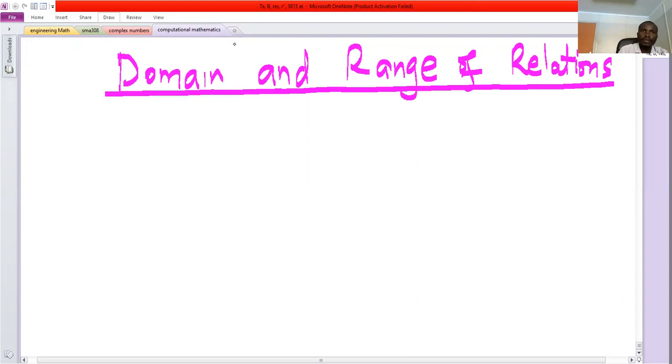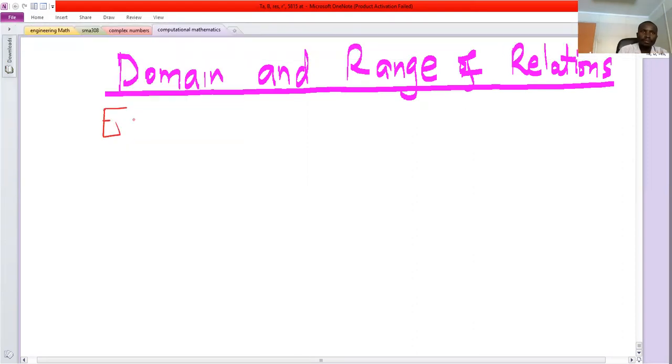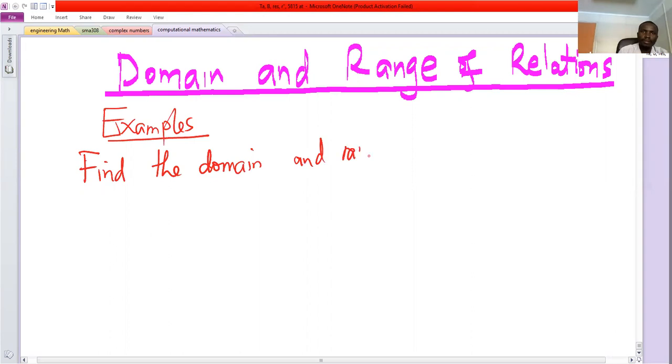So I'll demonstrate this through examples. Find the domain and range of the following relations.